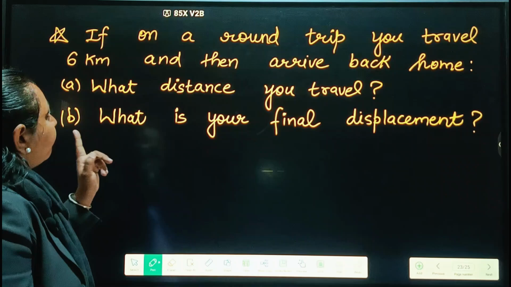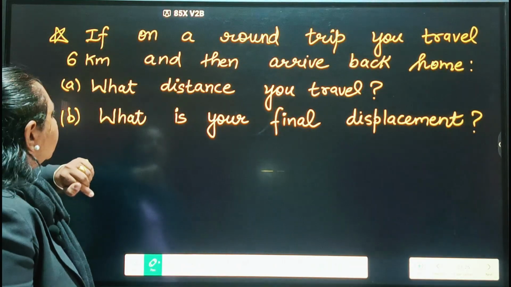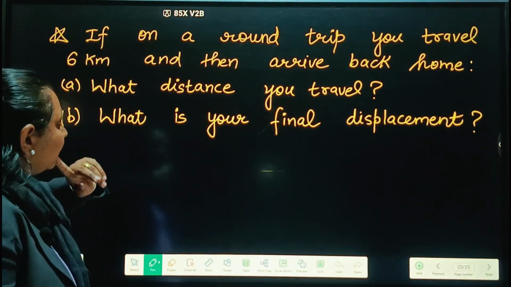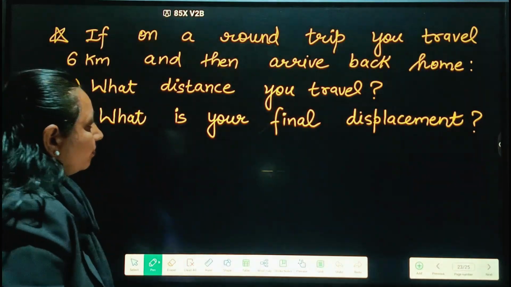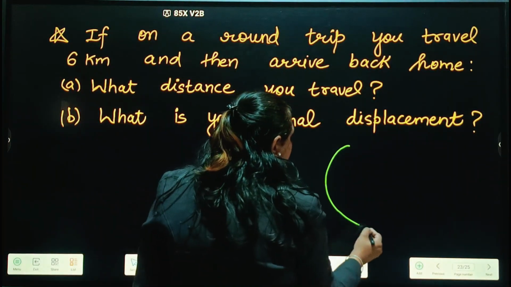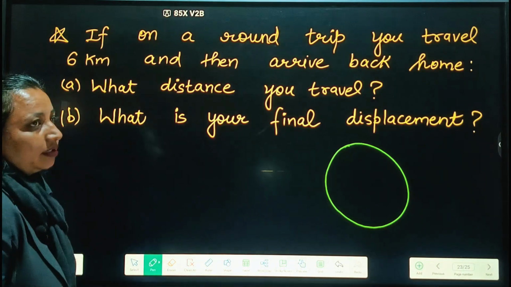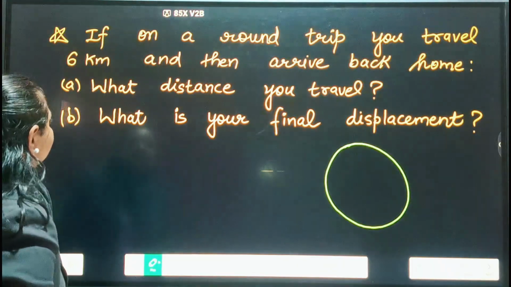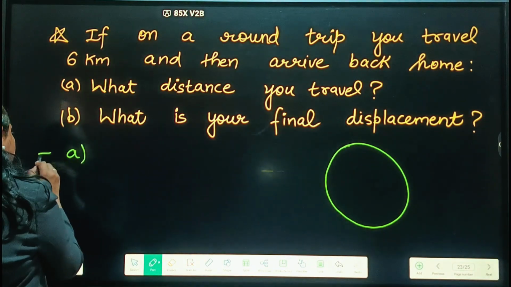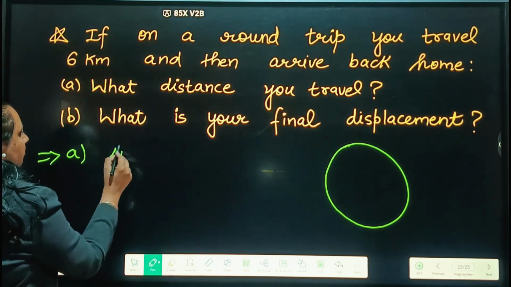Next, if on a round trip you travel 6 kilometers and then arrive back home, round trip, that means circumference is given 6 kilometers. ठीक है, what is the distance?